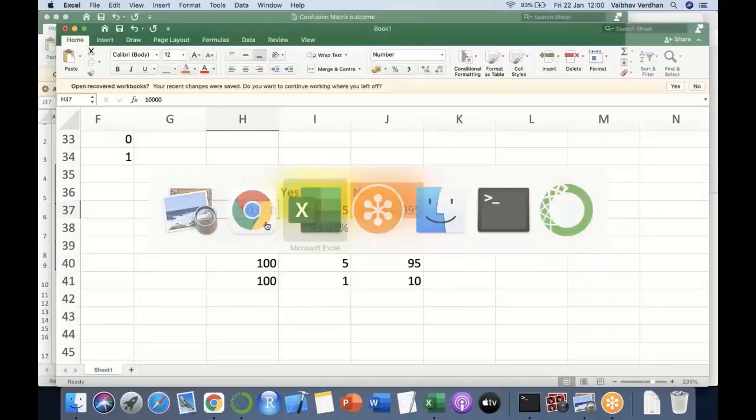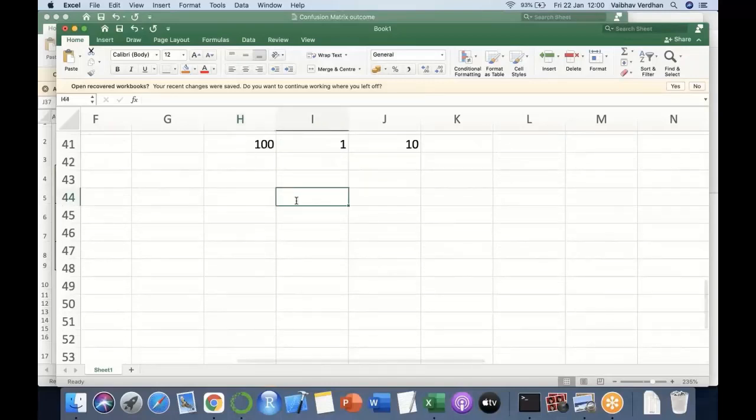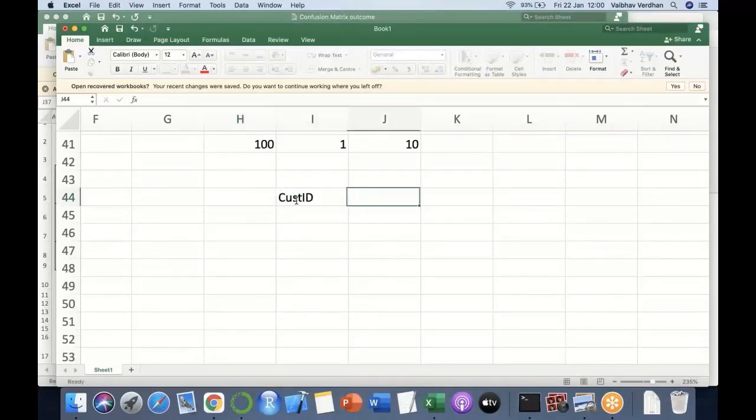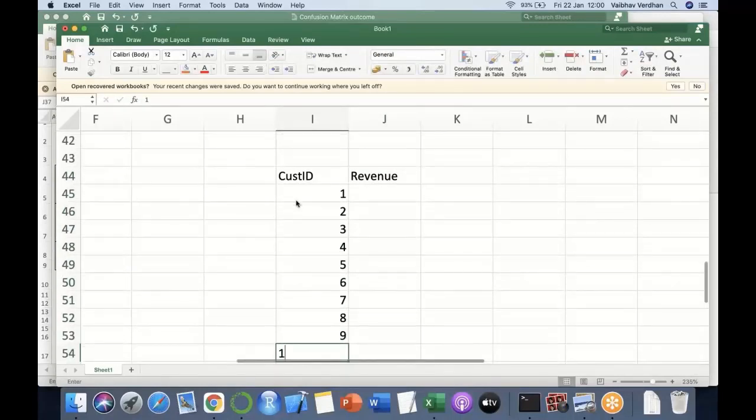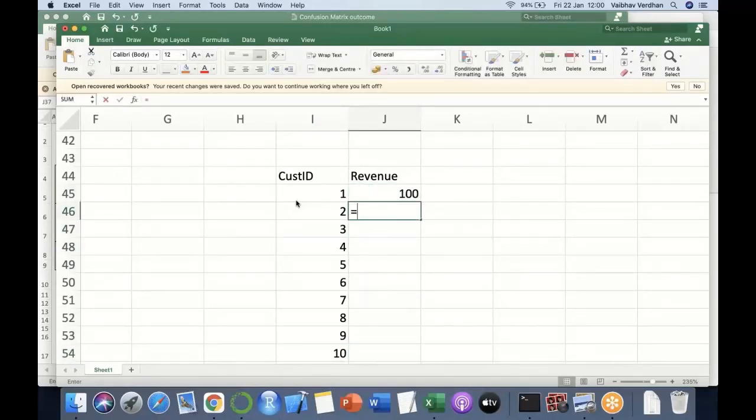Like, for example, let's say you have cust ID, you have revenue, right? 1 2 3 4 5 6 7 8 9 10. So you have, let's say, again 100. Let me do it like this, right?